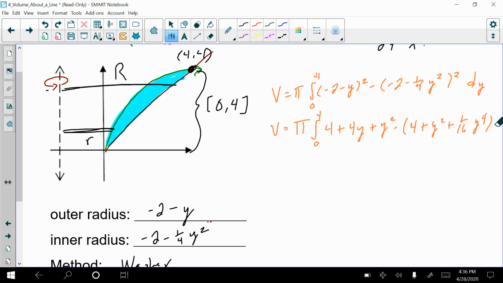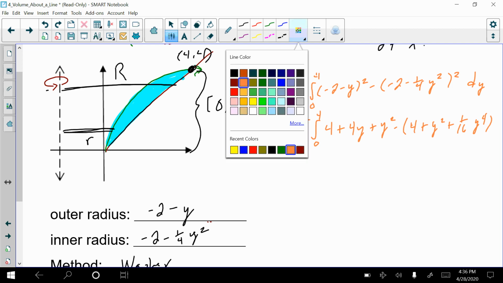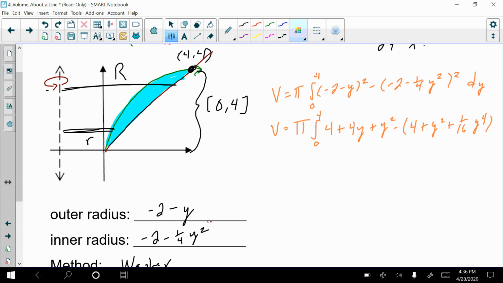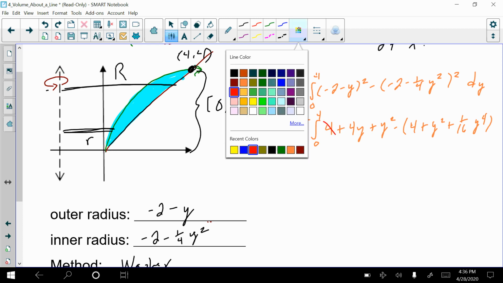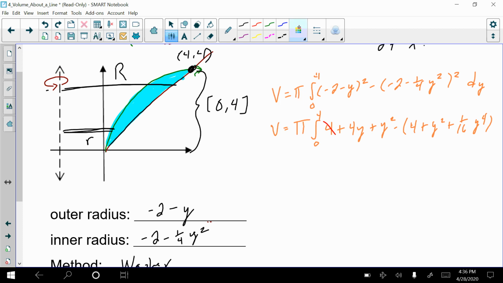And now let's go ahead and distribute the negative and see what winds up happening. You can see, very similar to the last example, that this positive 4 will become a negative 4. Those are going to wind up canceling. At positive y squared, this will become a negative y squared. Those will wind up canceling.